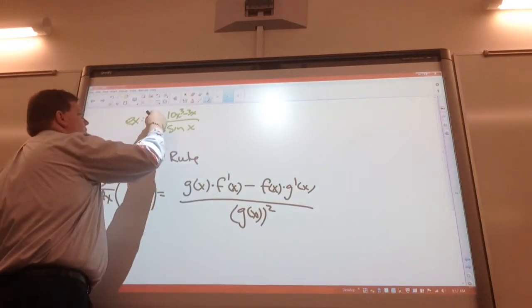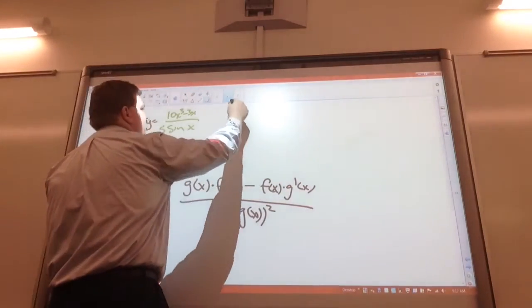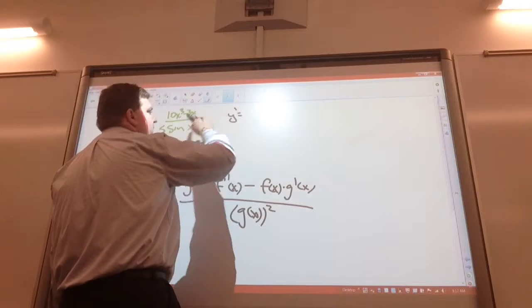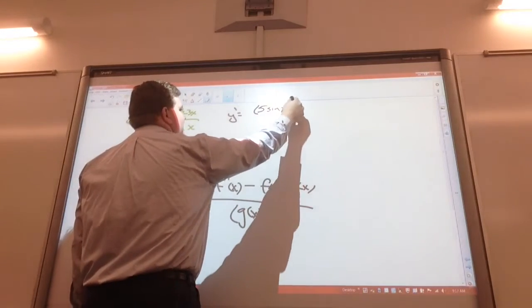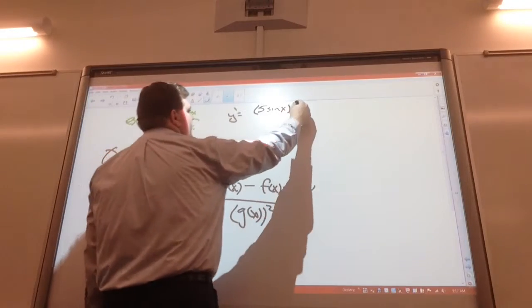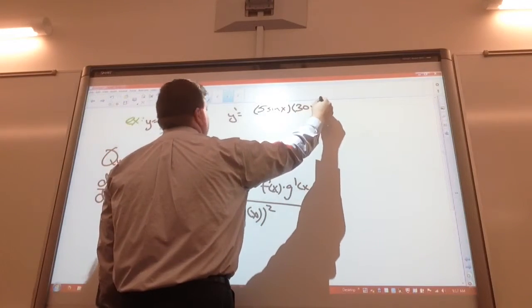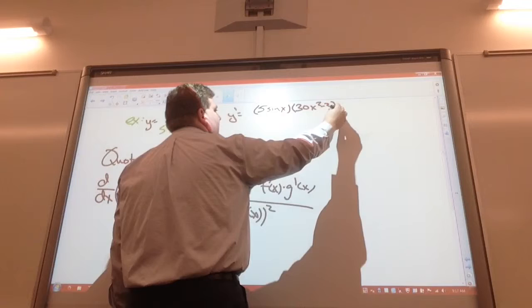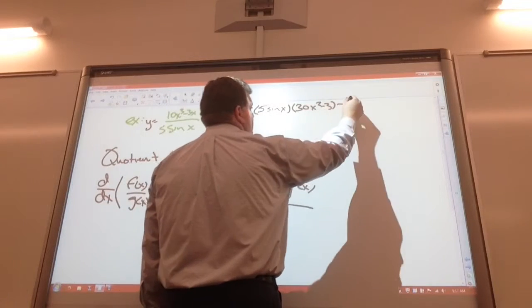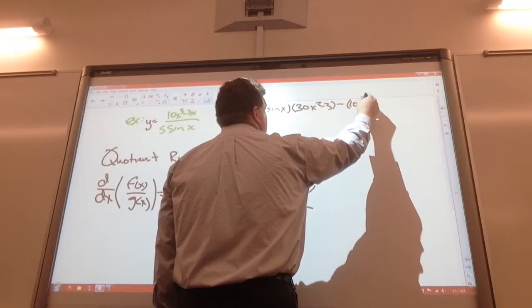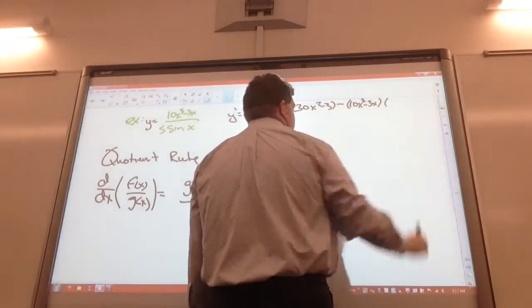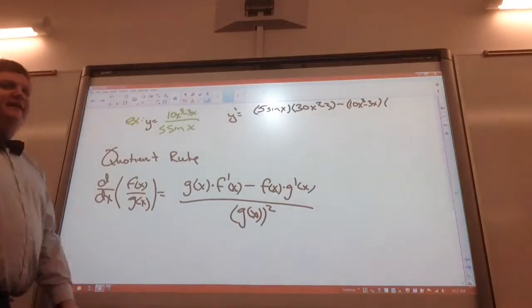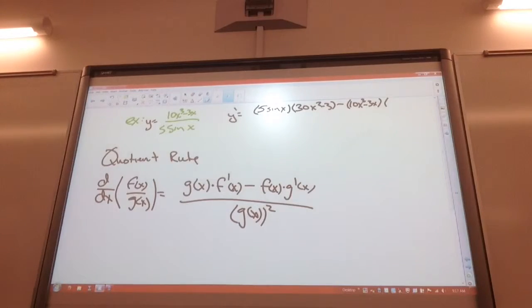So applying the quotient rule to this one right here, if this is my function, its derivative is going to be bottom times the derivative of the top, which will be 30x squared minus 3, minus top times the derivative of the bottom. What's the derivative of 5 sine of x? It's 5 cosine of x.